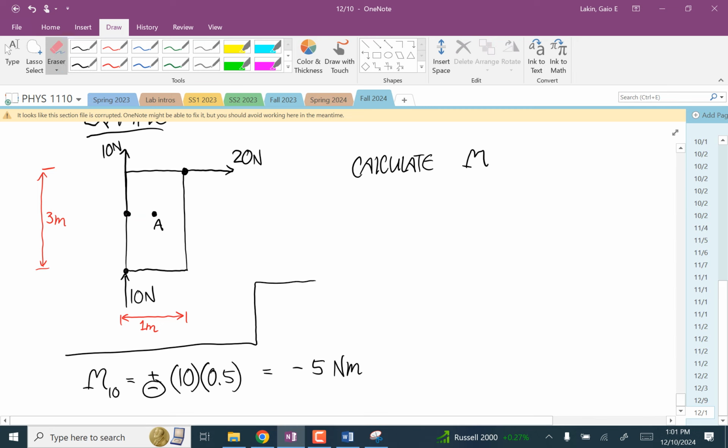And now we'll go to the 20 Newton force. At first, that red line isn't perpendicular to the force, so again, we have to move the 20 Newton force along its line of action. Its line of action is like this, horizontal.